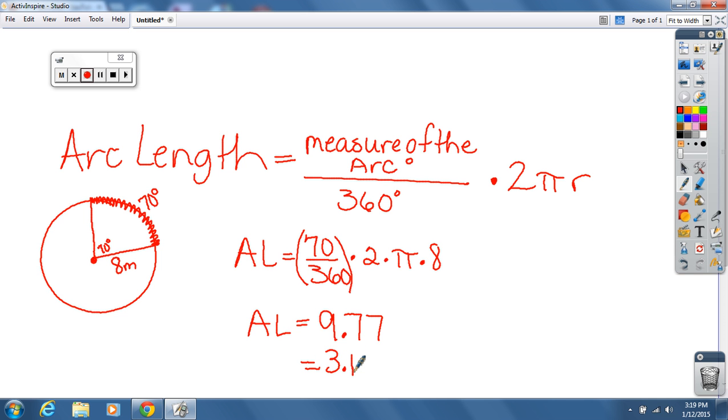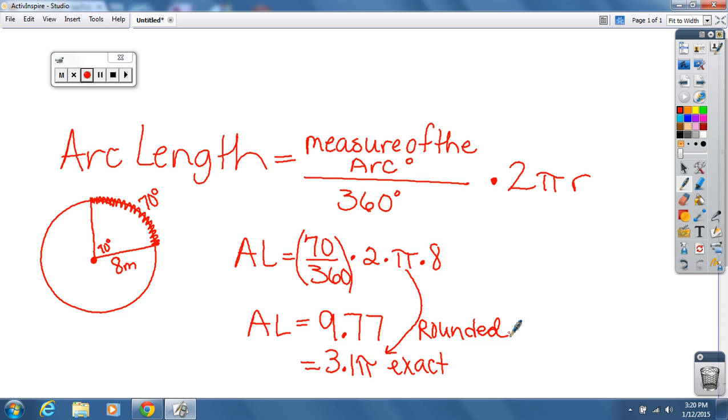I didn't put pi in my calculator, so it needs to come down. If it's an exact answer, it's going to have pi as part of the answer. So that's exact, and this is rounded. Okay? Nothing more than that. Pretty simple.